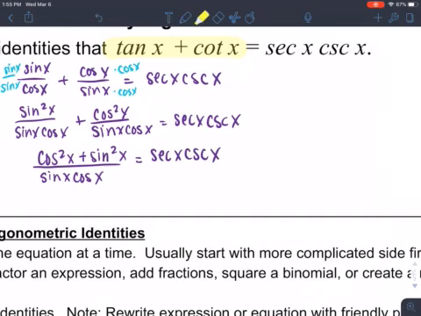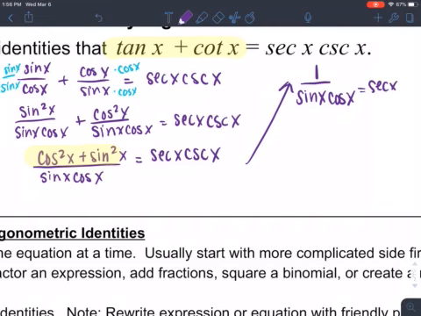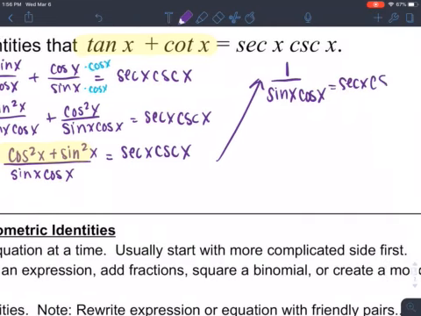I see that this Pythagorean identity right here, cosine squared x plus sine squared x, that's equal to 1. And that's over the sine of x times cosine of x is equal to secant x times cosecant x.